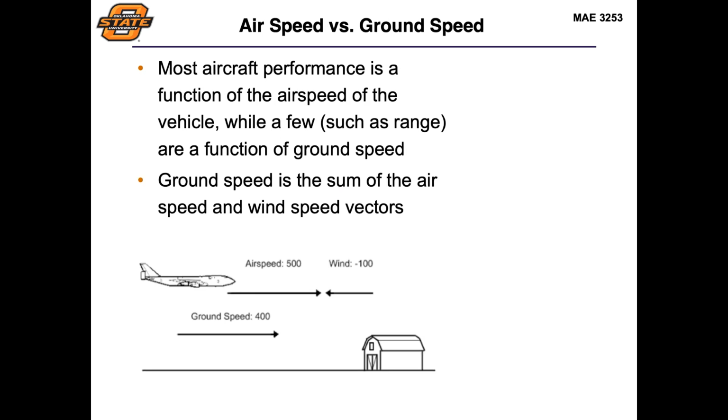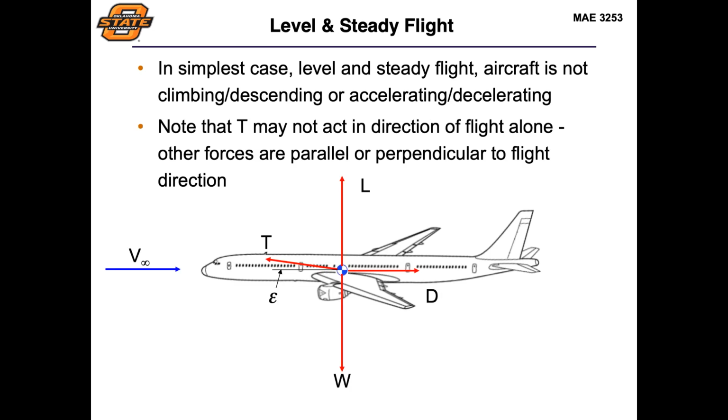Now, it's worth noting here the difference between airspeed and ground speed of the aircraft. We haven't talked a lot about velocity, so we'll come back and discuss that later in terms of things such as true airspeed and indicated airspeed. For now, it's enough to know that for our aircraft, all it really cares about is the airspeed, and that's the value that we're going to be using for our V infinity.